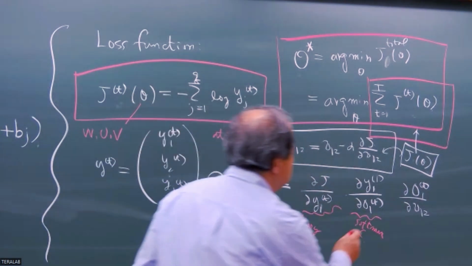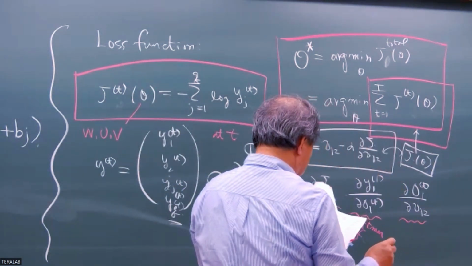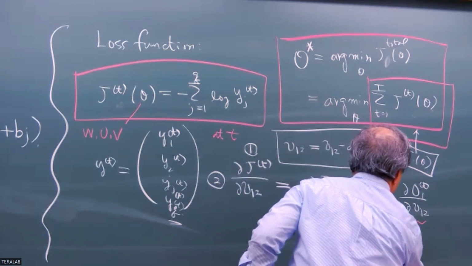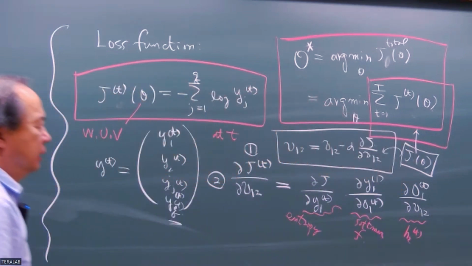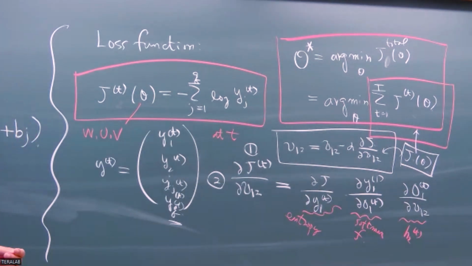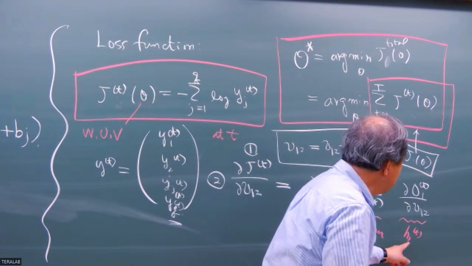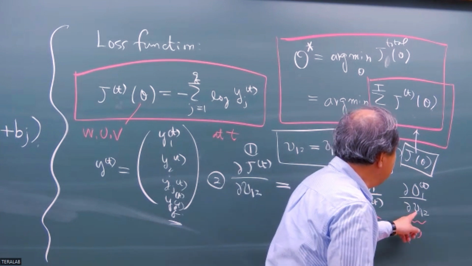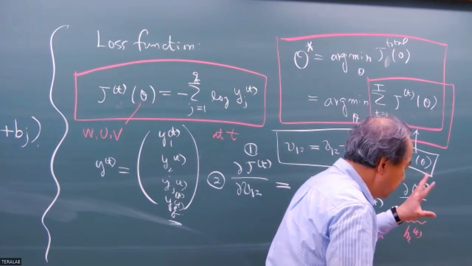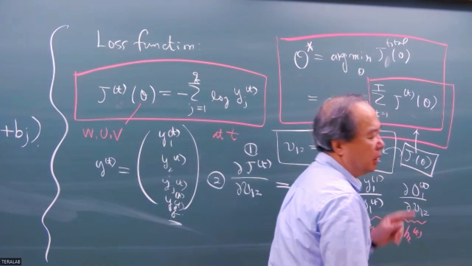And the relationship between V1 and O1 is H2. Why is that? Because H2, hidden layer 2, multiplied by vector element V1,2 becomes the O1.